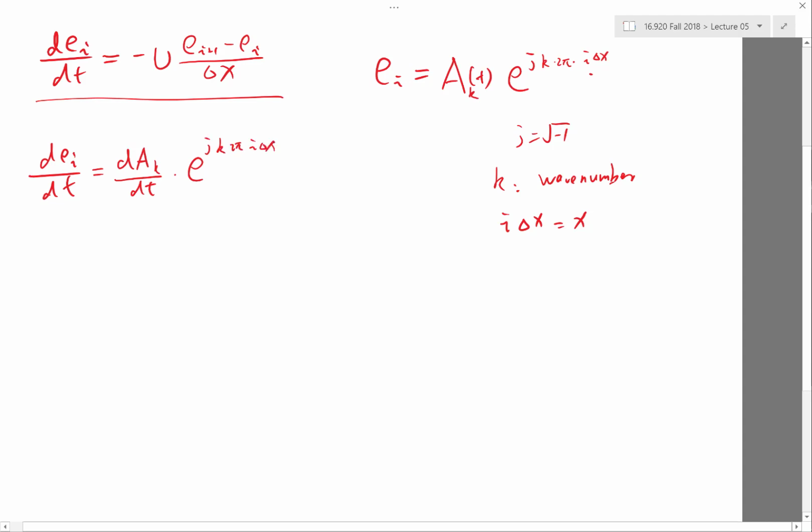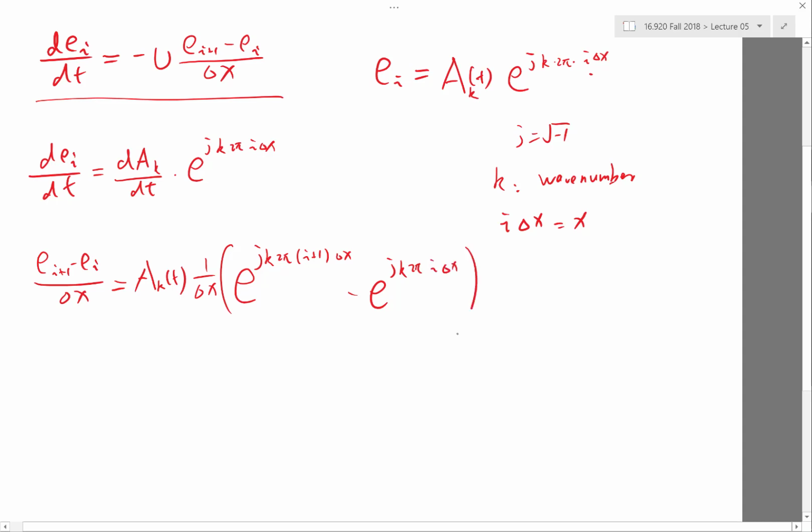Okay, while the right hand side is E_{i+1} minus E_i divided by delta x, which is equal to a_k, now the same, and 1 over delta x is also the same, and the rest is e to the jk 2 pi (i+1) delta x minus e to the jk 2 pi i delta x.